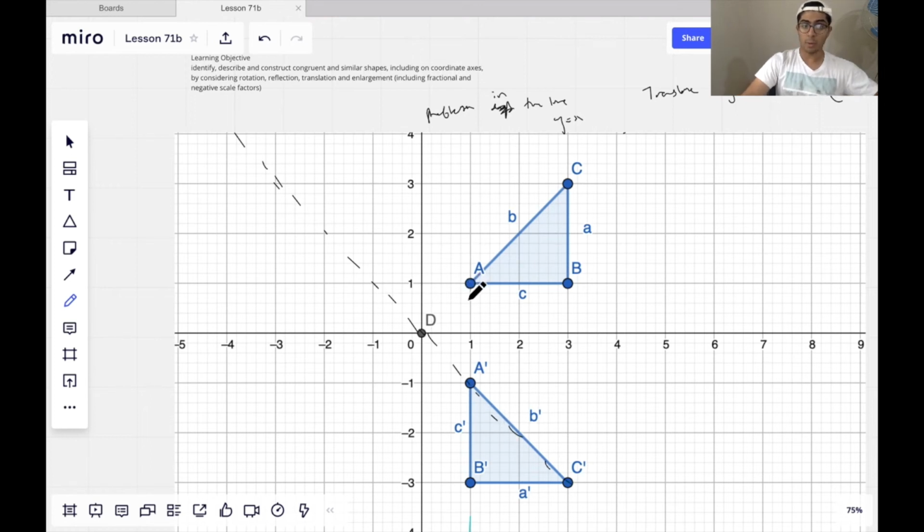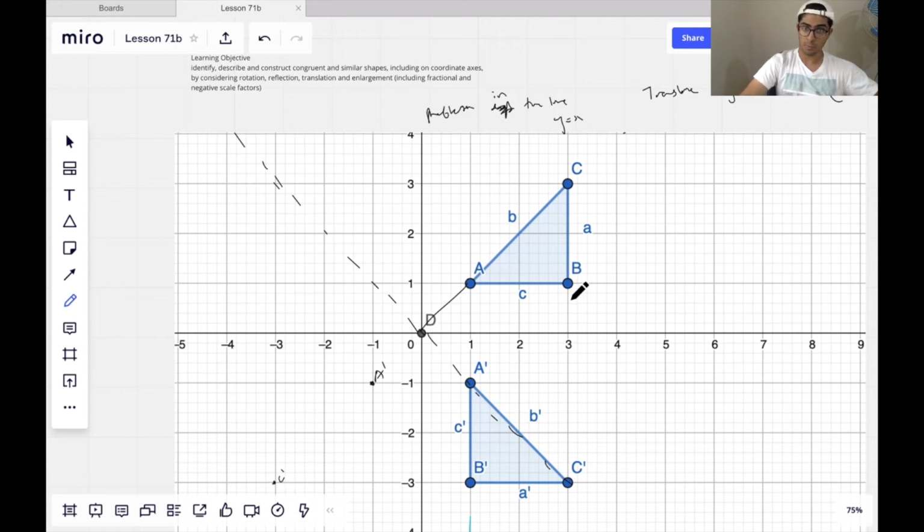So again, we think about perpendicular distance. So to A, perpendicular is like this. So you go perpendicular again to out here. So minus 1. This is A dash. We look at C, again perpendicular. So this is 1, 2, 3. So this is where C dash ends up.